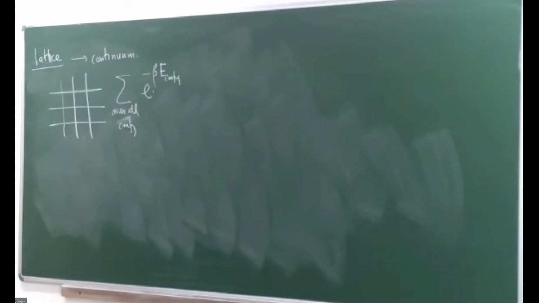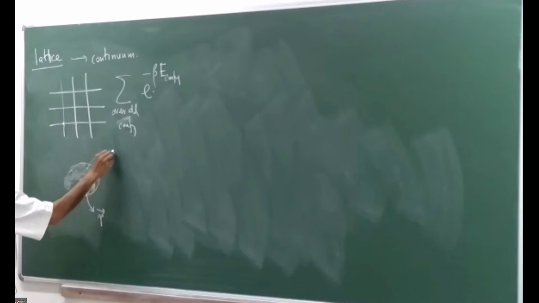What I now want is a continuum. Your configurations over here were all determined by these sites: this site, this site, this site, and so on, with nothing in between. But now I'm talking about a continuous region centered about a point which I call R vector.